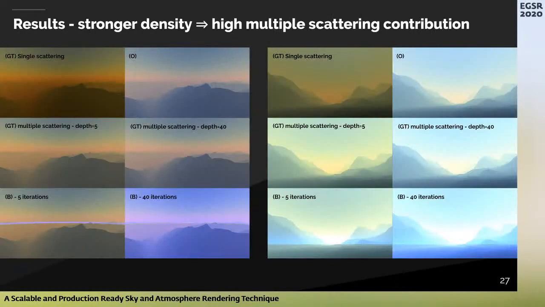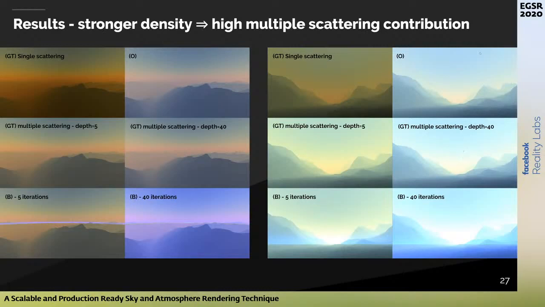So now we compare results when the atmosphere density is made higher. This reveals the importance of taking into account higher multiple scattering orders. You can see that integrating scattering up to order 5 is not enough to faithfully represent the atmosphere even using a path tracer. Higher orders must be taken into account. In this case, up to 40 orders before the visual impact becomes negligible.